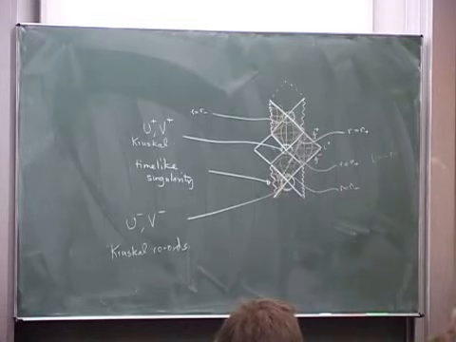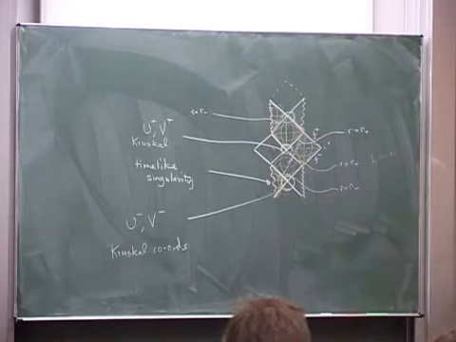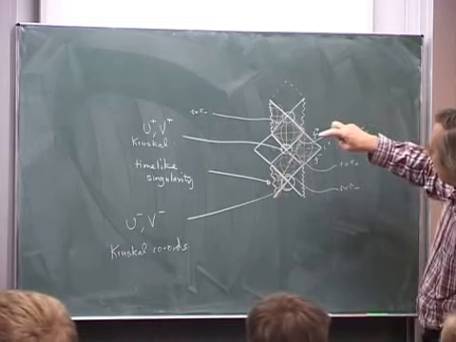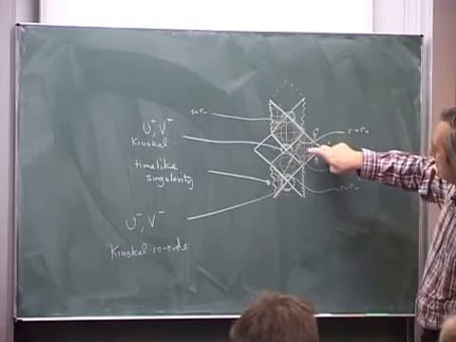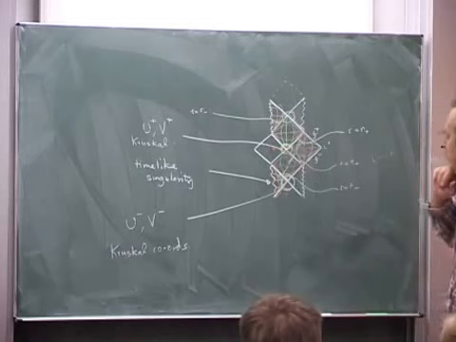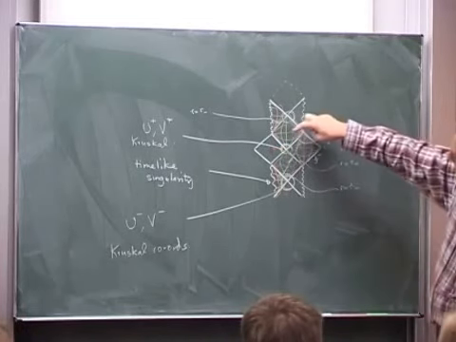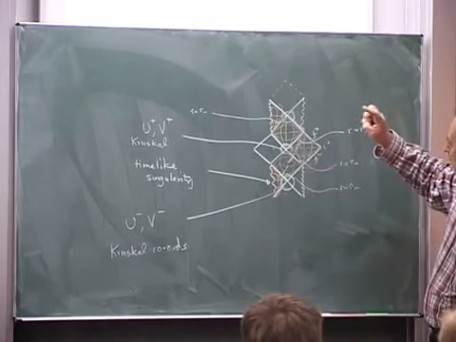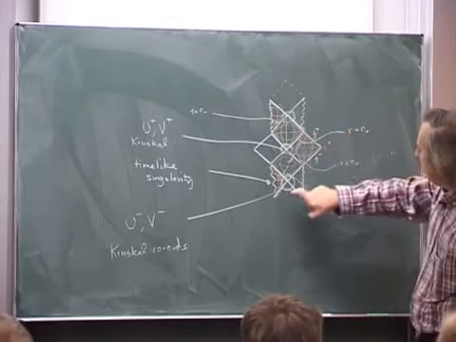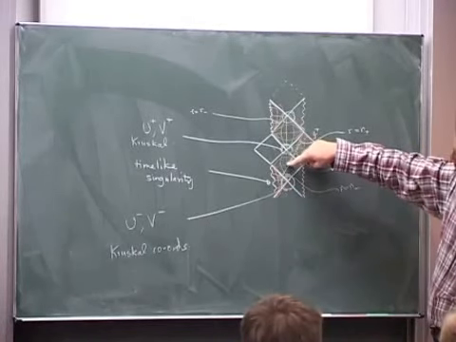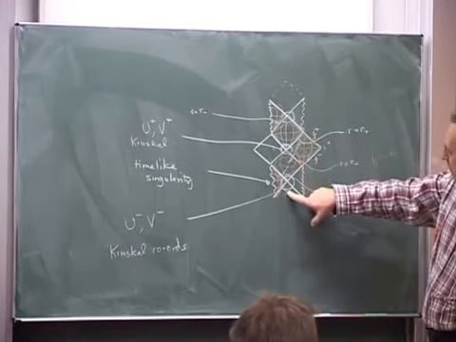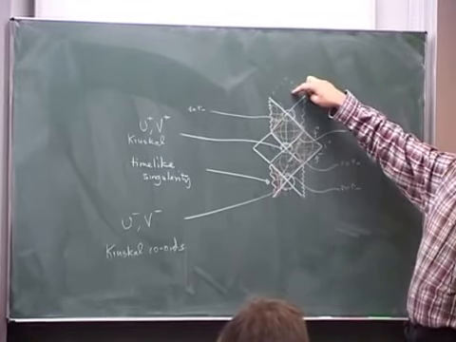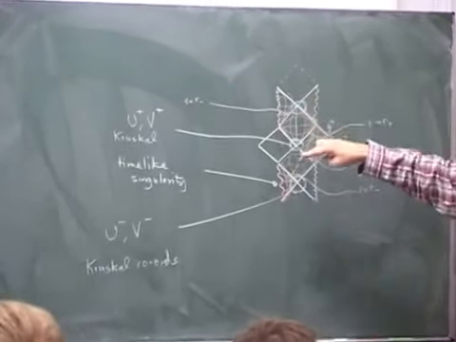Now, of course, you can see why this diagram is infinite. If I ask myself about the metric in, let's start with this region. The metric in this region is the same as the metric in that region. The metric in this region is the same as the metric in that region, but time reversed.